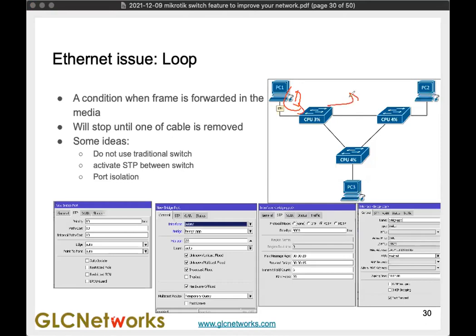One sends to here, one sends to there, this one sends back there, and the frame keeps moving and moving in the network until one of the switches is down. Okay, now it's better. That was just because the switch hung.